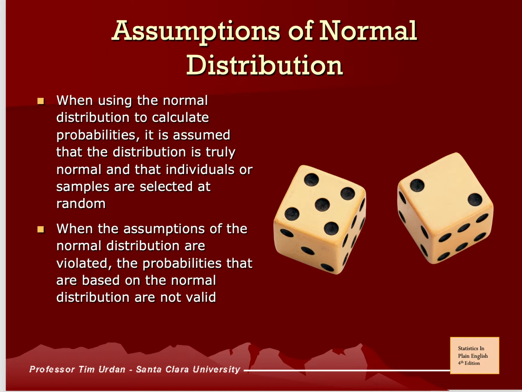So if the problem does not say it, we assume that if it's normal, it was random sampling. When that's violated, then the probabilities using Z-scores and things are not technically valid. Now, there are more advanced statistics classes where we find out what to do in that case. But for right now in this class, if it's violated, then I really can't take it any further.